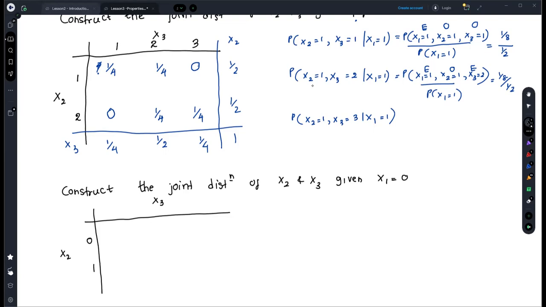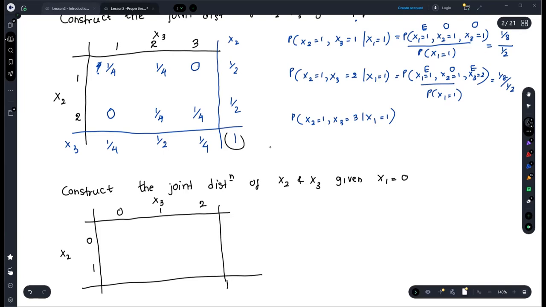And about x3, 0, 1 or 2, right? So you can remain at 0, or you may increment to 1, or you may increment to 2. So think about the previous situation and you can try to fill this one, right? So make sure you get the total probability at the end, right?